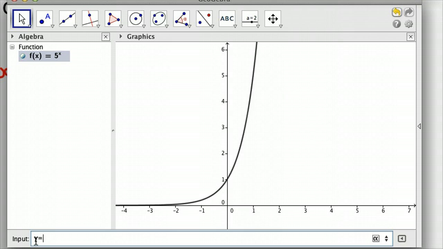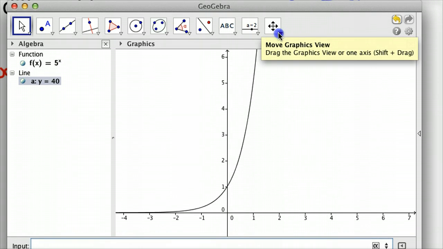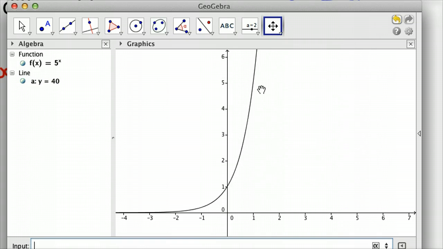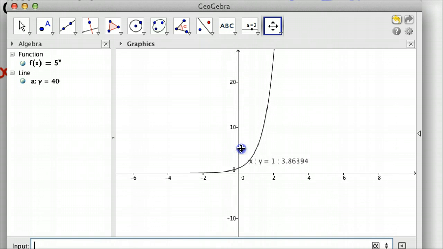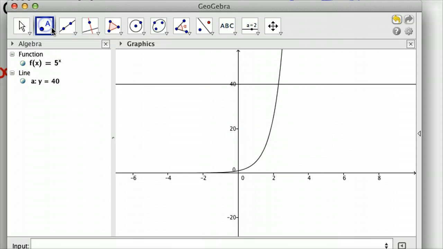And y equals 40. Uh-oh, nothing happened. Well, y equals 40 is at 40, so we need to change our scale a little bit. You can zoom out. I'm actually going to just drag the y-axis down so that I see 40. There it is. I'm going to go ahead and intersect those two objects.